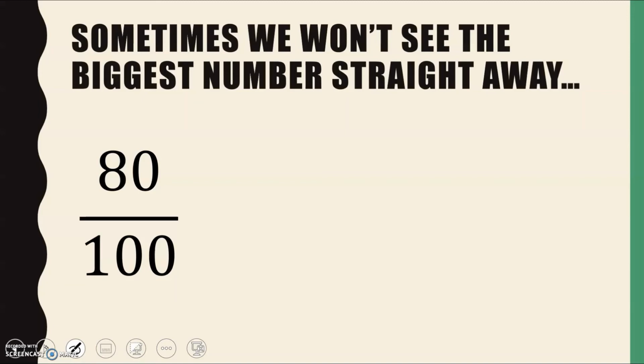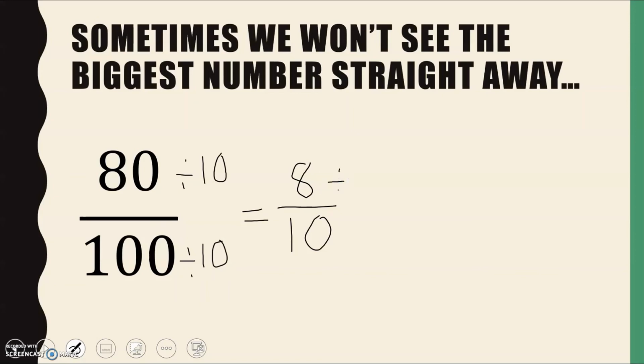For 80 and 100 here, I'm thinking they both end in a 0, so I'm going to divide by 10. So I think that's my easiest times table to work with just now, and that's going to give me 8/10. But 8 and 10 still have a times table that they share, and that's our 2 times table. So I'm going to go in and divide by 2 and divide by 2, and that's going to give me 4/5.